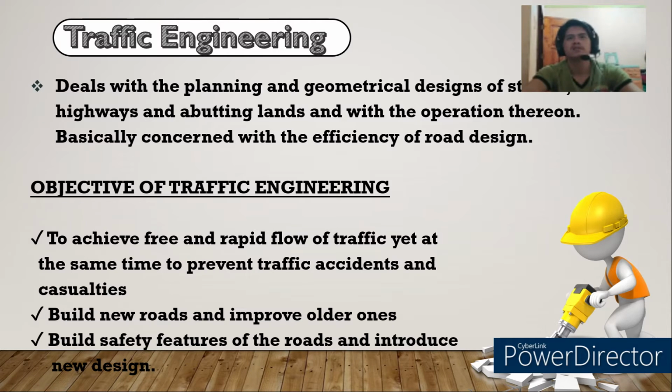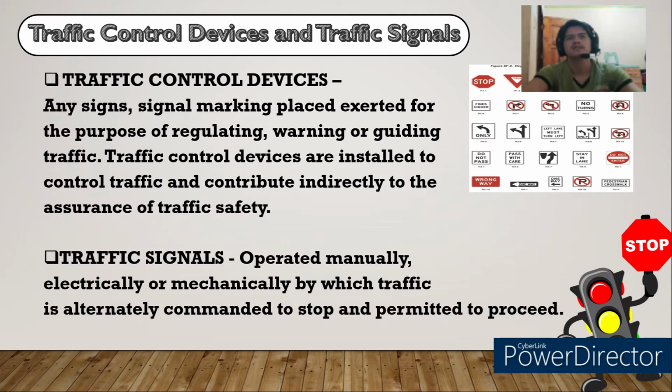Next, traffic control devices and traffic signals. What are traffic control devices? Traffic control devices are any sign, signal, or marking placed for the purpose of regulating, warning or guiding traffic.